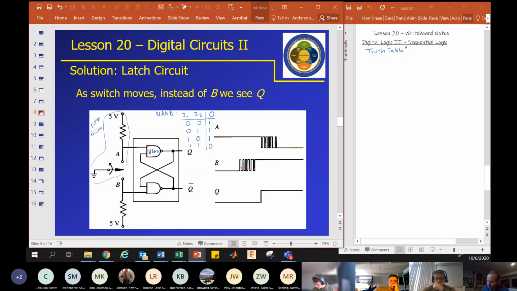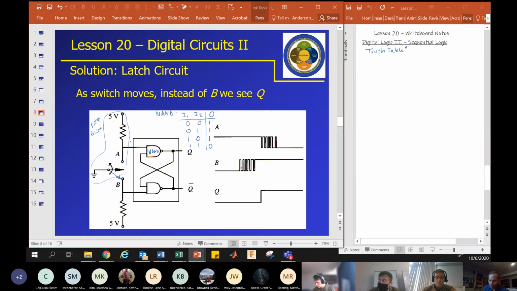So we see that when the switch is in the low position, A reads how much? So when the switch is down here, what is A reading? 5 volts.